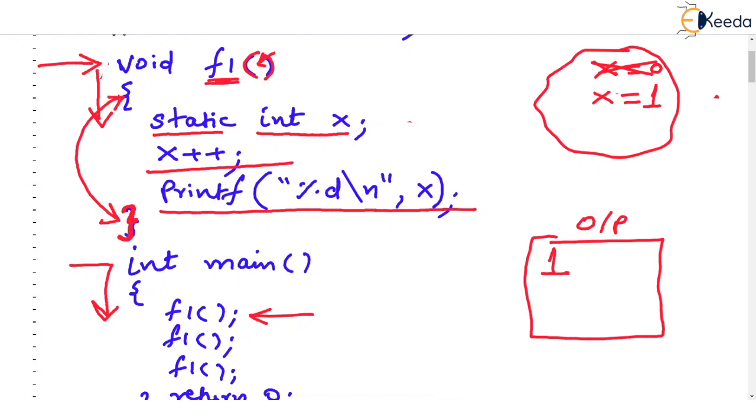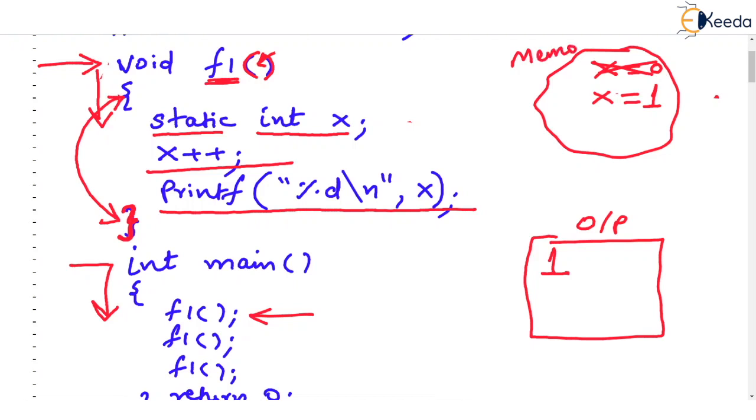We have learned about auto storage class. If a variable or a resource is declared inside the scope, then that resource or variable is deleted from the memory as soon as the scope ends. But here is the twist. We have declared the variable x as static. Then in this case, x will stay in the memory.